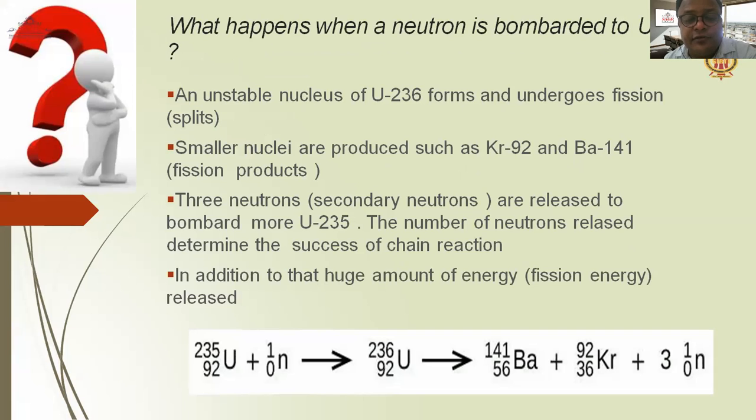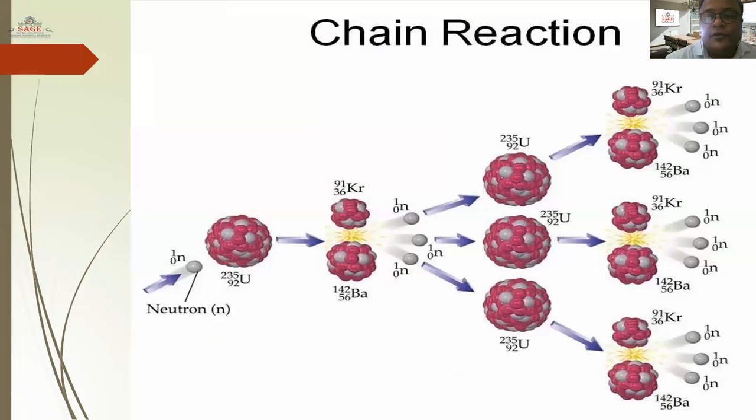In addition, a huge amount of fission energy is released: 235/92 uranium plus 1 neutron gives 236/92 uranium, which subsequently gives 141/56 barium plus 92/36 krypton plus 3 neutrons.